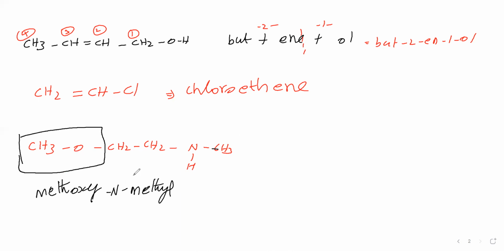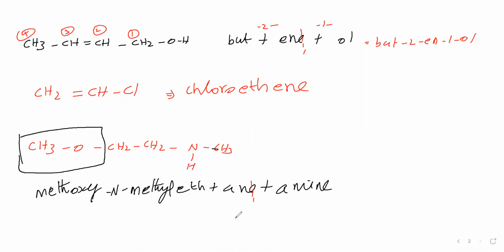Then we will say the parent chain name. The parent chain contains 2 carbon atoms, therefore eth. Primary suffix is ane, secondary suffix is amine. Amine is the functional group that we will write. So this E we have to drop.